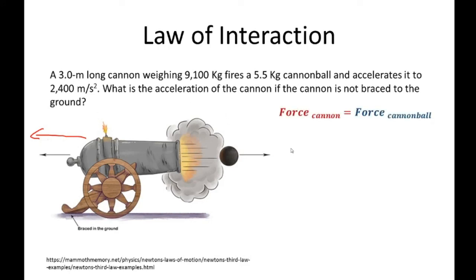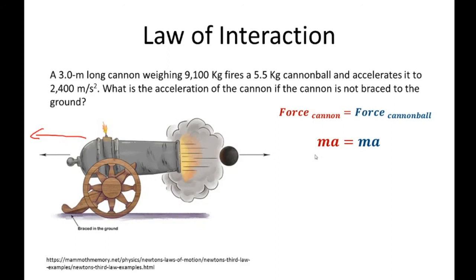Again, the force of the cannon is our action force, and the force of the cannonball is the reaction force, or either, as long as both are in opposite directions. In terms of the formula for force, we have mass times acceleration. This is not about gravity, because the movement here is horizontal, so we'll just use a and not g.